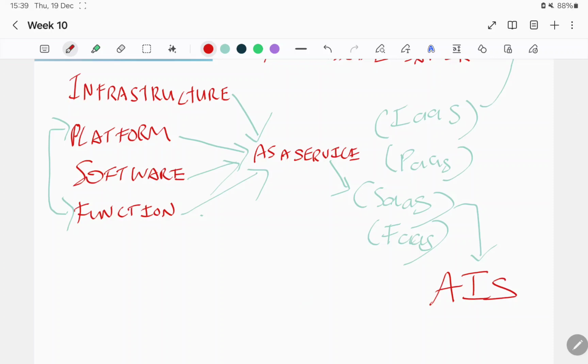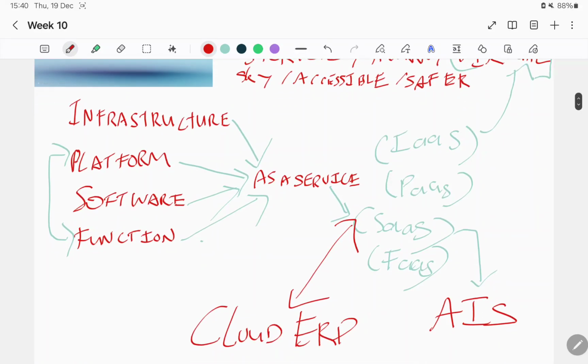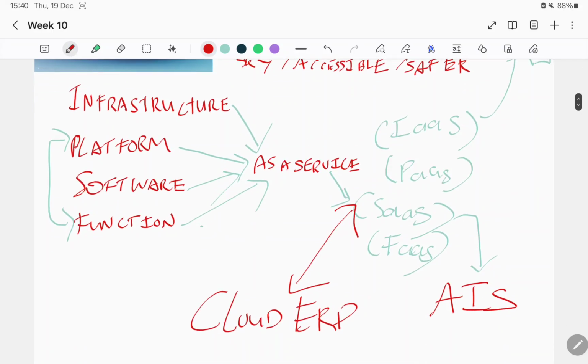And also we have the cloud ERP, which means it's SaaS. So why do I take all the hard time to explain all this?